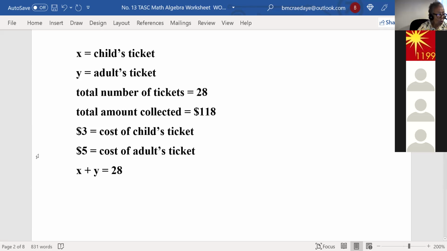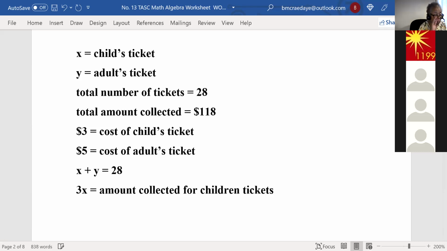So 3 multiplied by X would be the amount collected for children tickets.